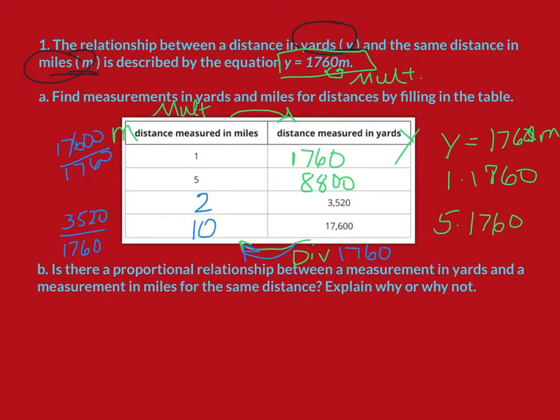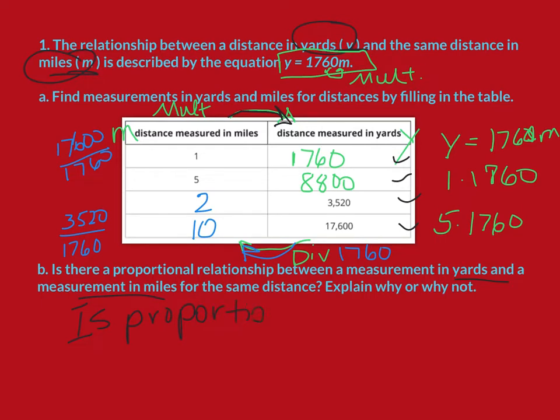Okay, the next thing they do is they ask us if there's a proportional relationship between the yards and the miles for the same distance. So the simple answer here is because there's a constant of proportionality, and it's the same for every single one of these, that means that it is proportional.